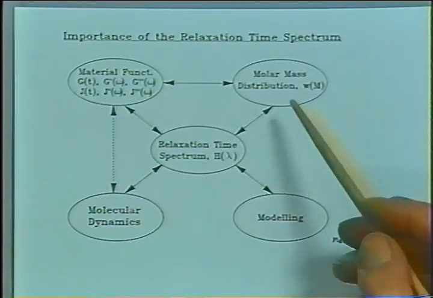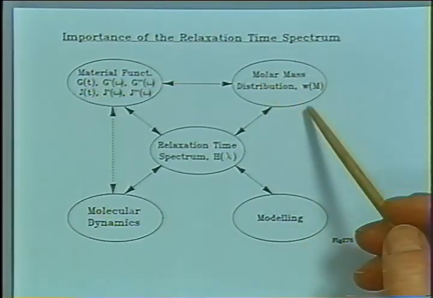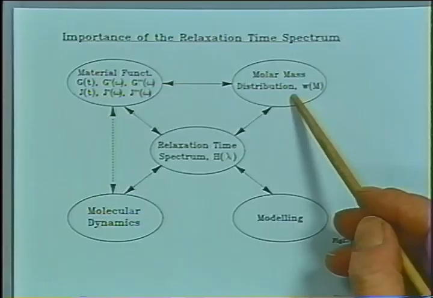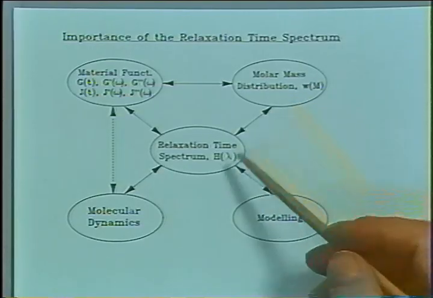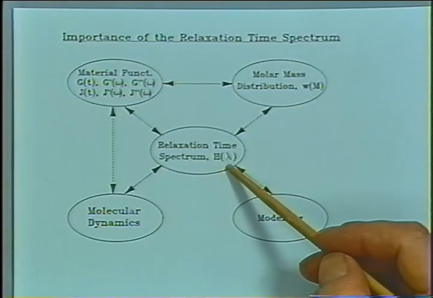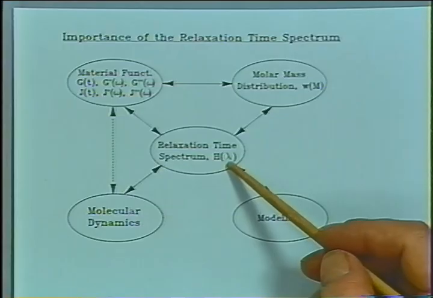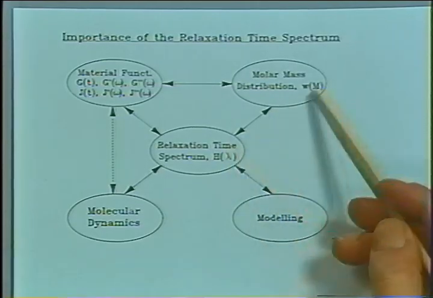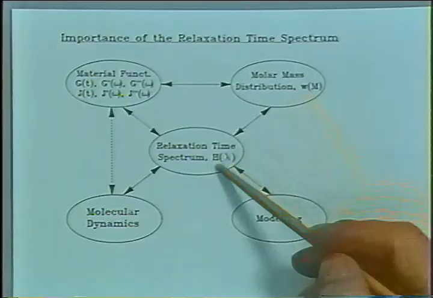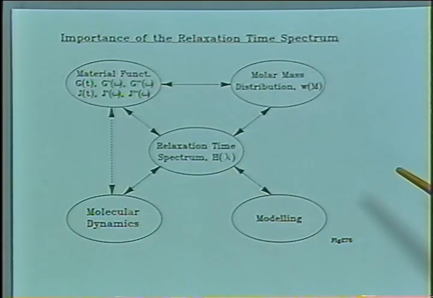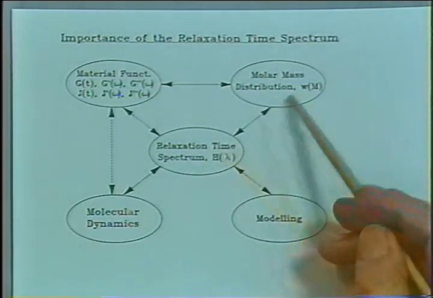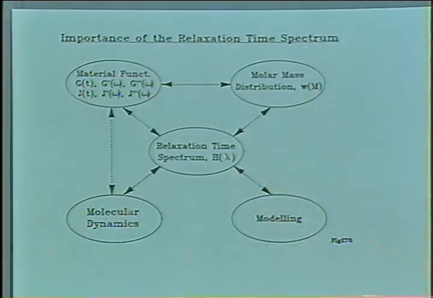For instance, changes in molar mass distribution should be seen in changes in the relaxation spectrum. And we could, for instance, have a sensor measuring the relaxation time spectrum on a polymerization reactor, and then correlate the state of that reaction with the rheological measurements.